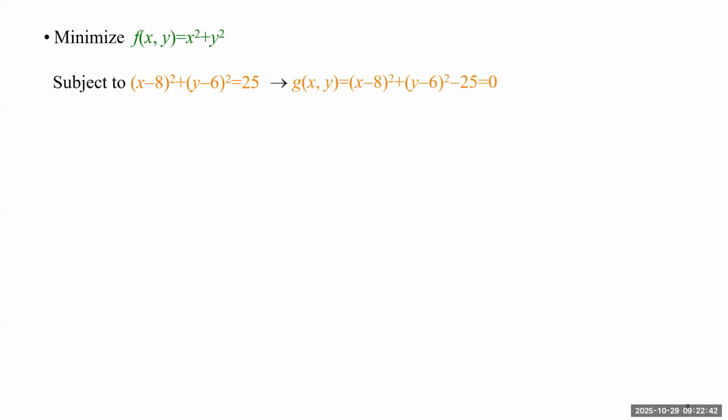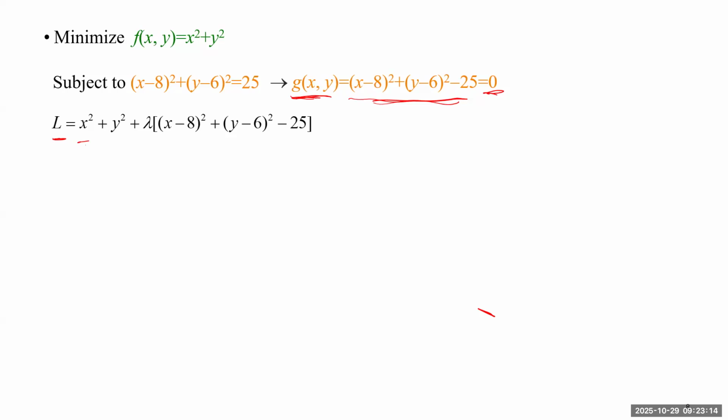First, we want to convert the equation into the standard form. In the standard form, on the left-hand side we have some nonlinear function, g, and on the right-hand side we have 0, right? So g is equal to 0. This will be our standard form, and this part is the nonlinear function for the equality constraint. Next, we introduce the Lagrange function.